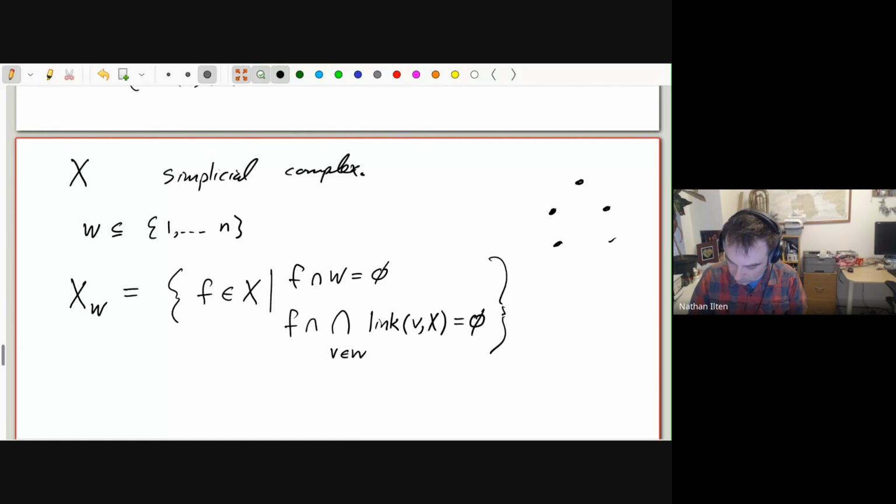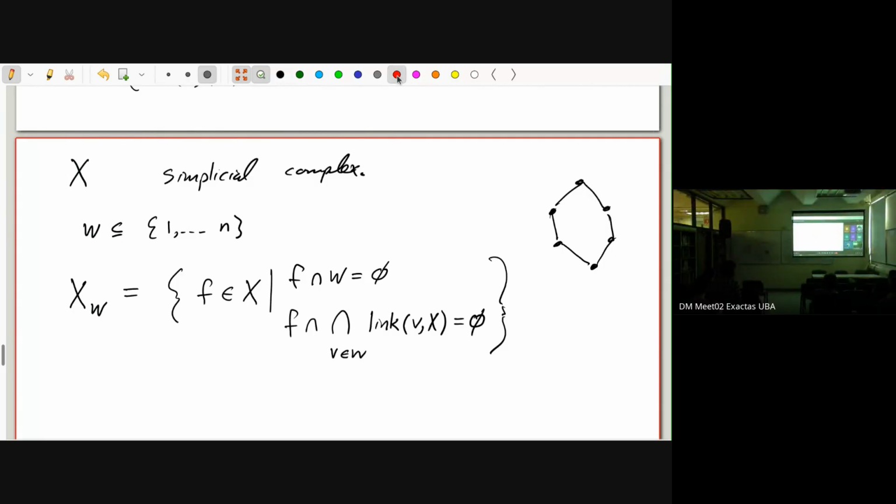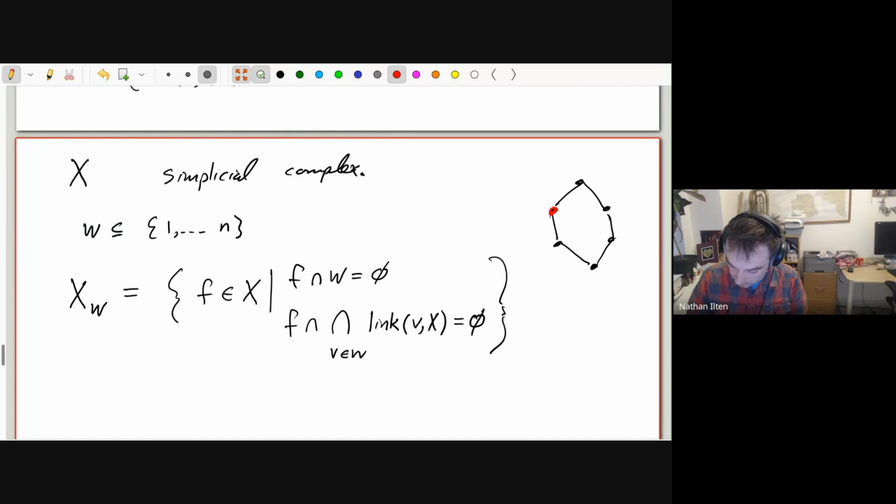So here we'll return to our hexagon example. Let's maybe take W to be the subset that consists of these two vertices. Now if I look at the link of each of these vertices, the link of the vertex on the left is going to be these two green vertices that I circled.